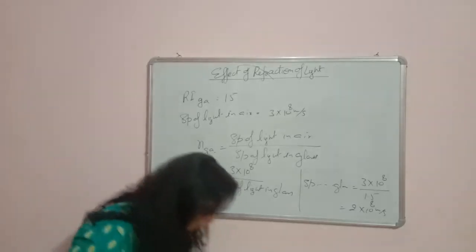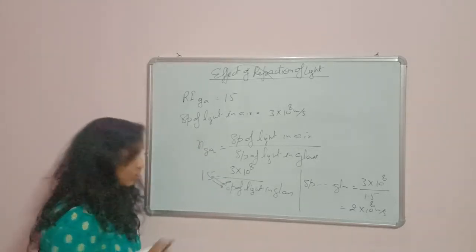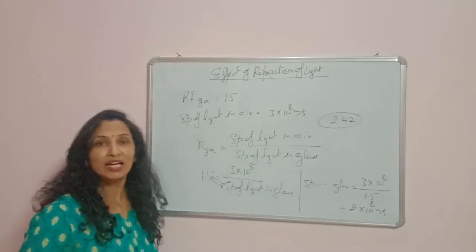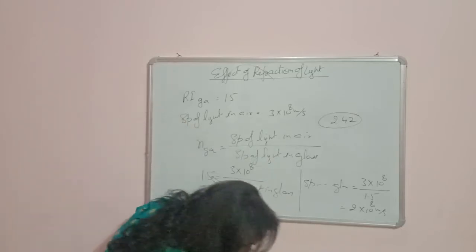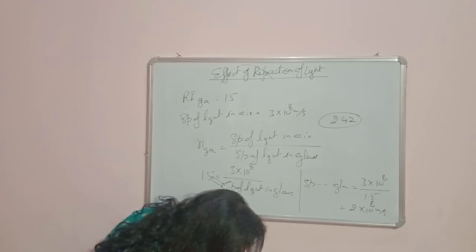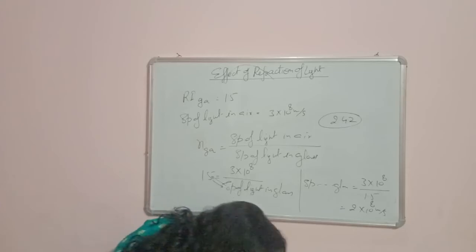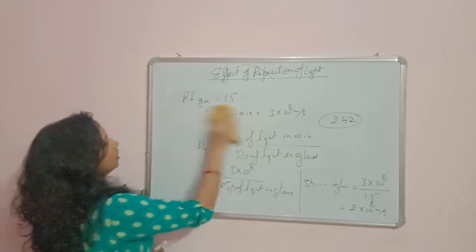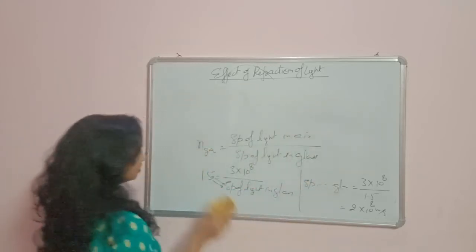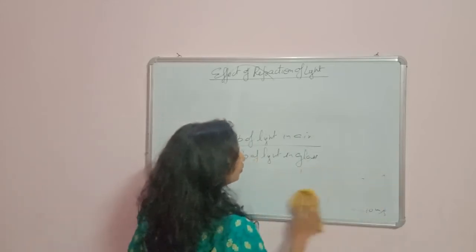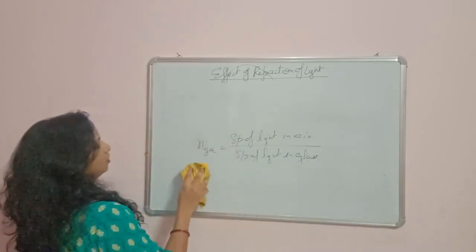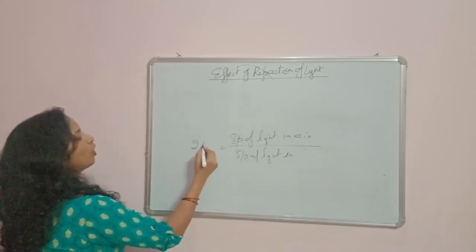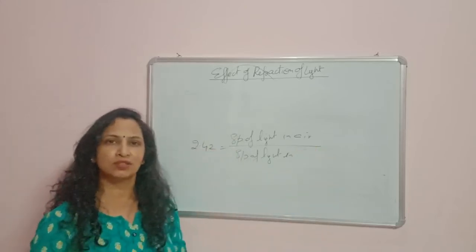Okay, one more question from the NCERT book. What do you mean by saying that the refractive index of glass is 2.42? It is given that the refractive index of glass is 2.42. So what is the meaning of this sentence? Okay, so here I am rubbing these parts which are not important for me now. It is given that 2.42 is the refractive index of diamond.